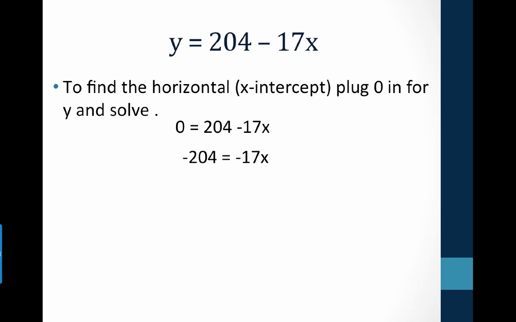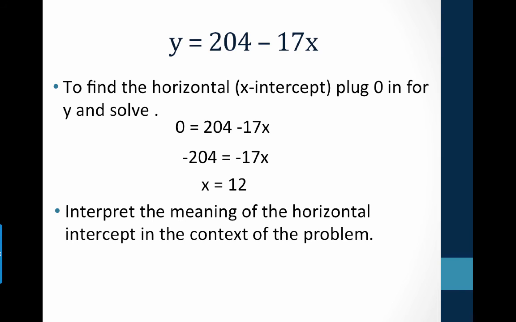You should have, I subtracted 204 from both sides, so I got negative 204 on the left side equals negative 17x on the right side. Then divide both sides by negative 17. Remember, a negative divided by a negative is positive. So I got x equals 12.